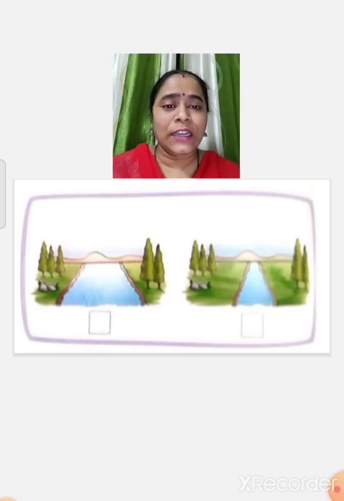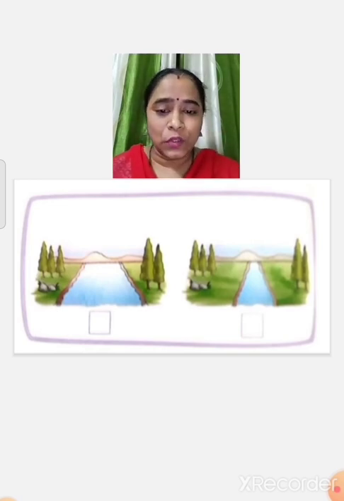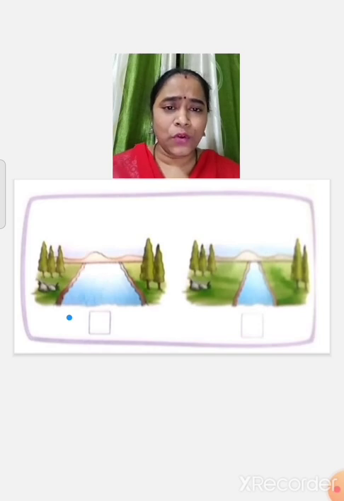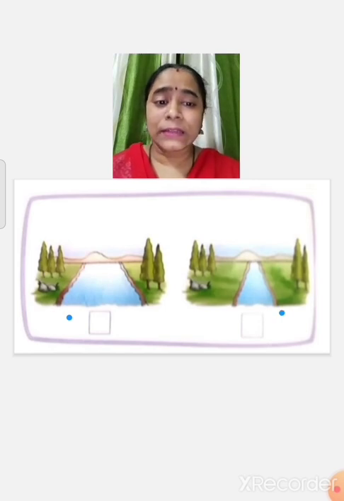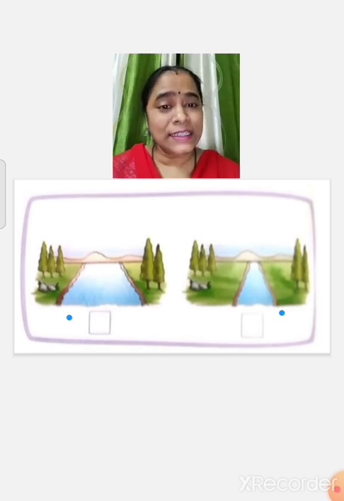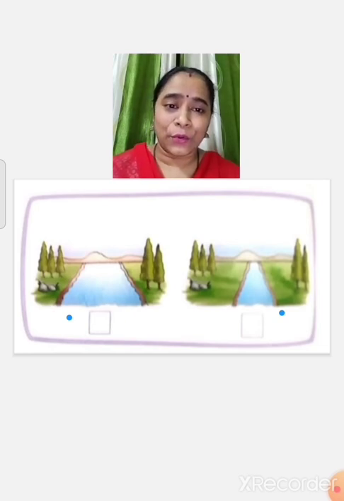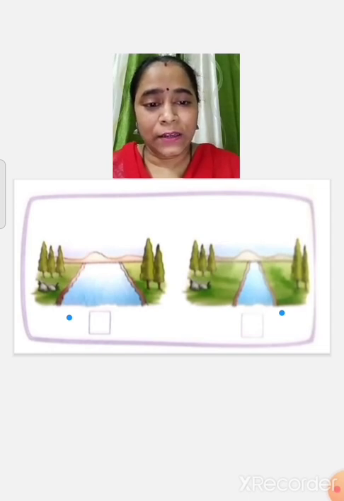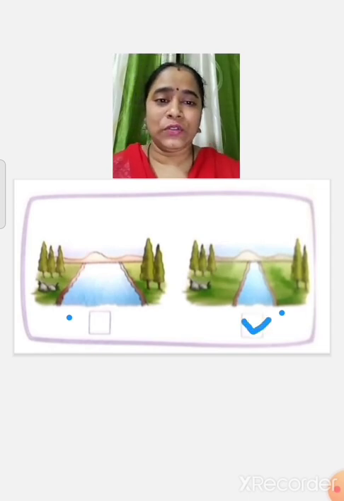So children, tell me, this river is narrow. No. This river is narrow. Yes. This river is narrow. Okay, so we will tick here. Okay, in this box you are going to tick.